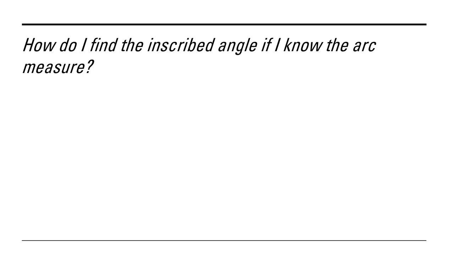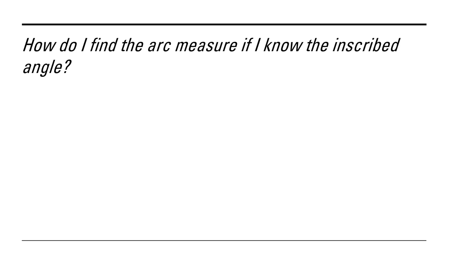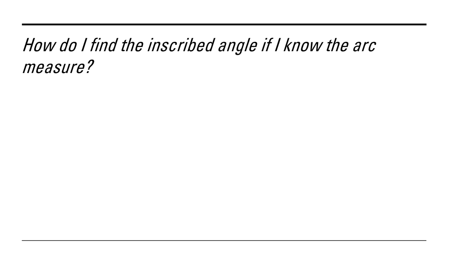So that's actually the next thing. How do I find the inscribed angle if I know the arc measure? If I know the arc measure of AB, the inscribed angle is going to be 1/2 of the arc measure.